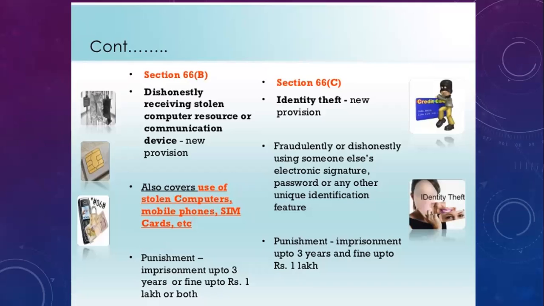So whomsoever, by means of any communication device or computer resource, cheats by impersonating anyone shall be punished with imprisonment for a term which may extend up to 3 years and is also liable for a fine which may extend up to 1 lakh rupees. So you are punished with 3 years and a fine of 1 lakh rupees.